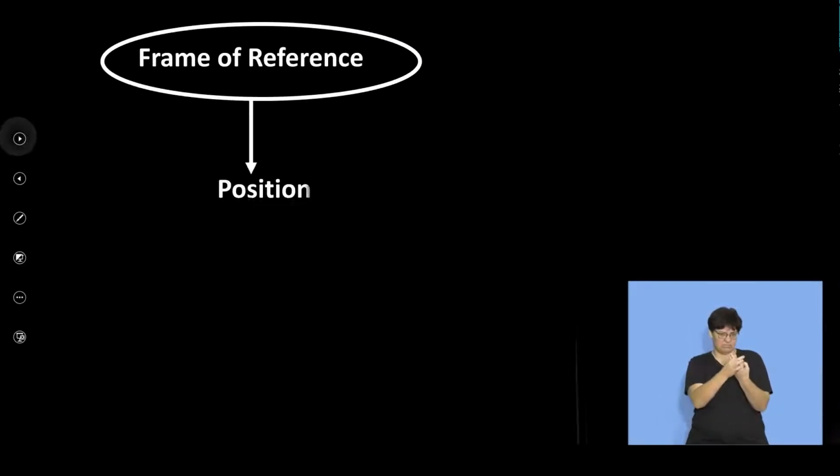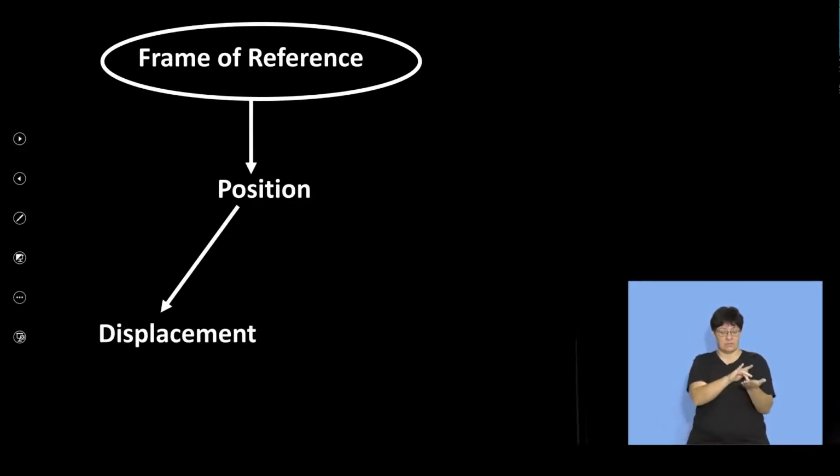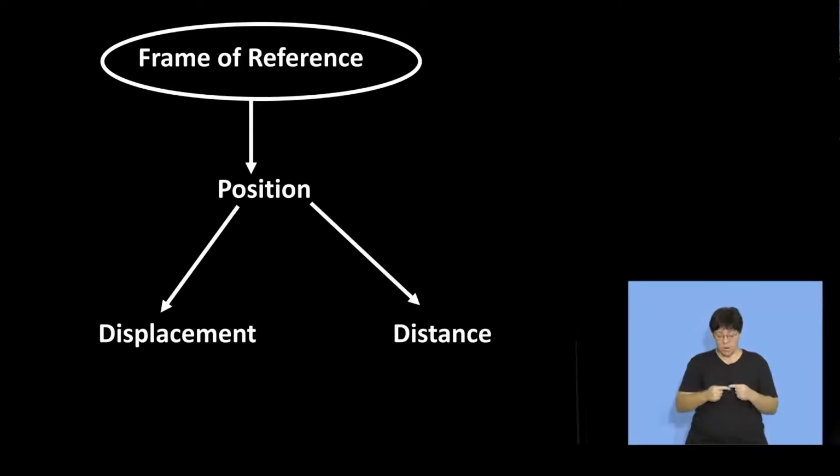So position can be described as a displacement or a distance. Displacement is a vector. When I look at displacement, it's actually how my position has changed compared to the starting point. So have I gone 20 meters to the right of where I started?